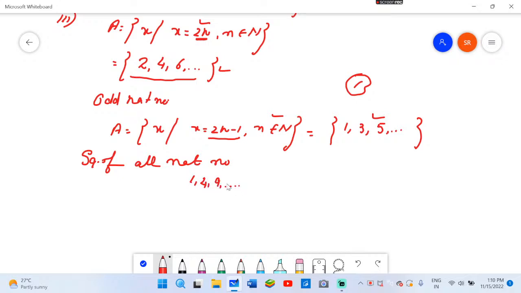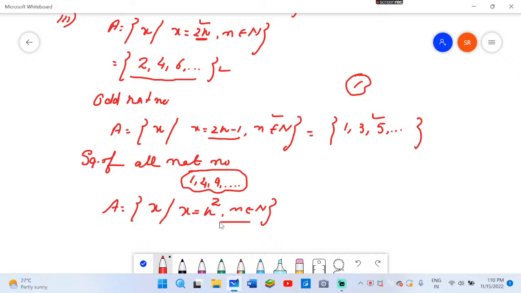Now, the general format to represent these numbers will be, let us say, set A, x is a general element such that x will be n square and n belongs to natural numbers. Put n is equal to 1, 1 square is 1, first number. Put n is equal to 2, 2 square 4, second number. N is equal to 3, 3 square 9, third number. So the process continues.